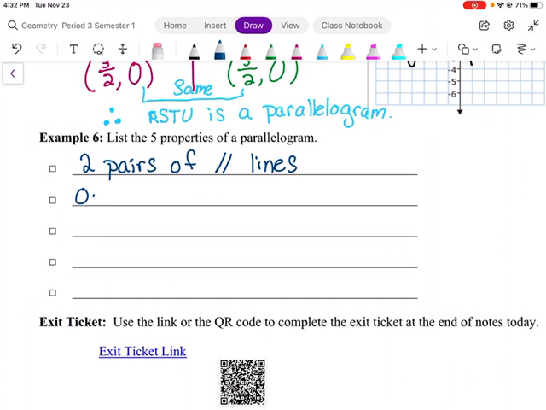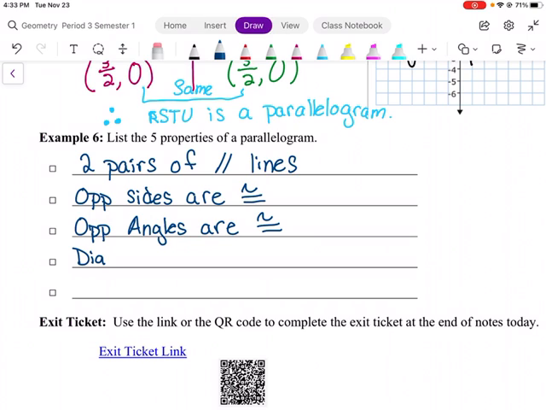We know the opposite sides are congruent. We also know opposite angles are congruent. We know the diagonals bisect each other.